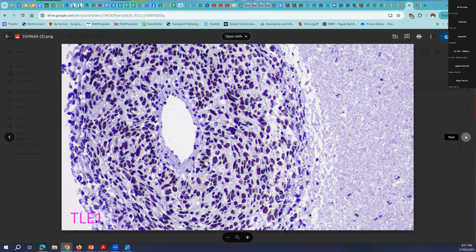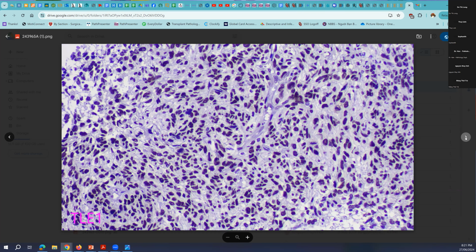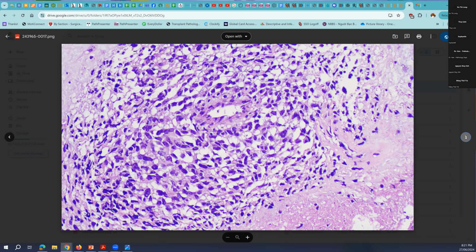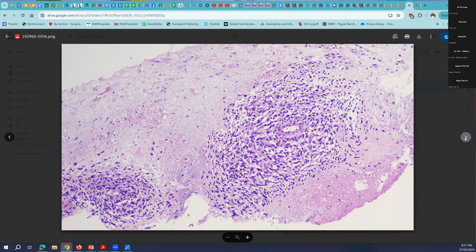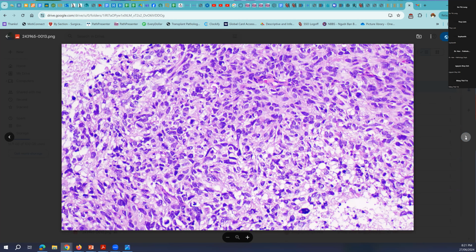So that's a strong nuclear positive stain for TLE1, pretty uniformly throughout the tumor. And then we have some high magnification views of the tumor. So those are two very useful stains. And they do suggest the possibility of synovial sarcoma.